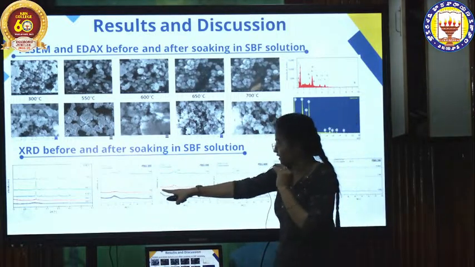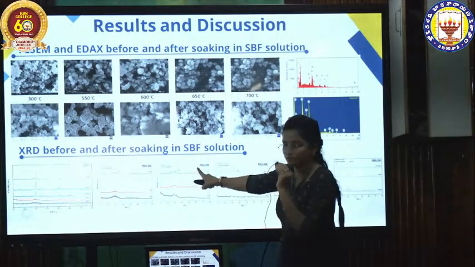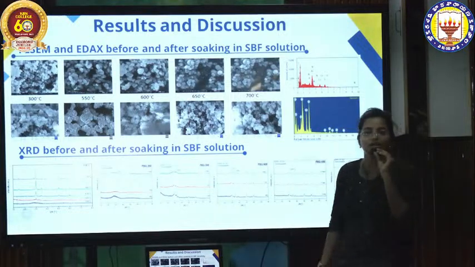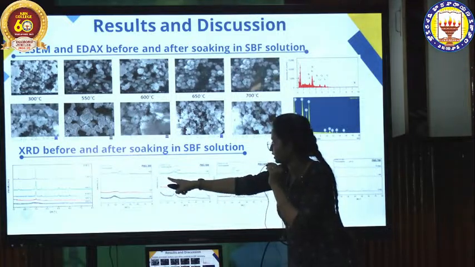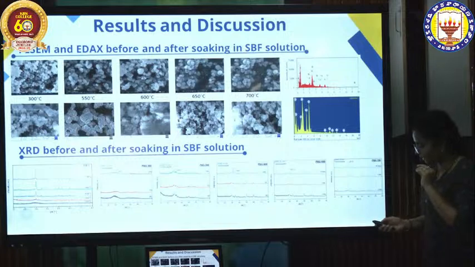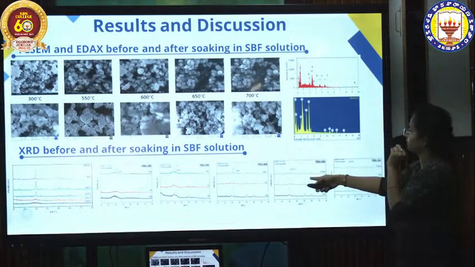The XRD peaks show hydroxyapatite peaks like 211 and 300 HKL values of the hydroxyapatite layer, and for the different temperatures 300, 550, 600, 650 and 700, we have identified the hydroxyapatite layer peaks present in our sample.